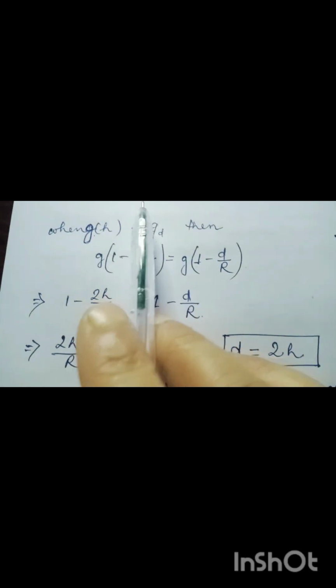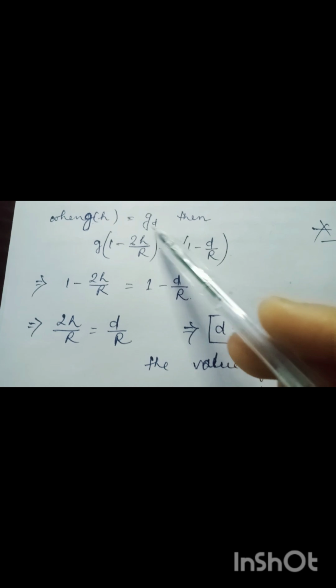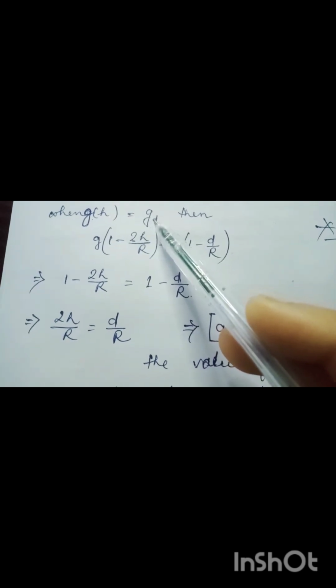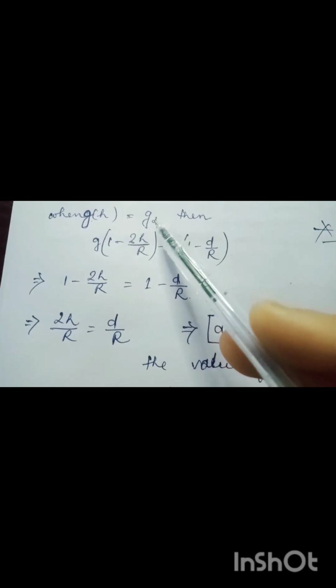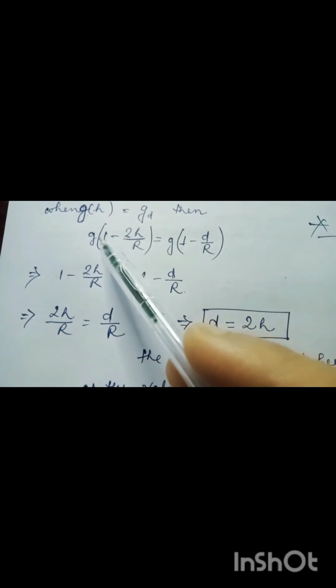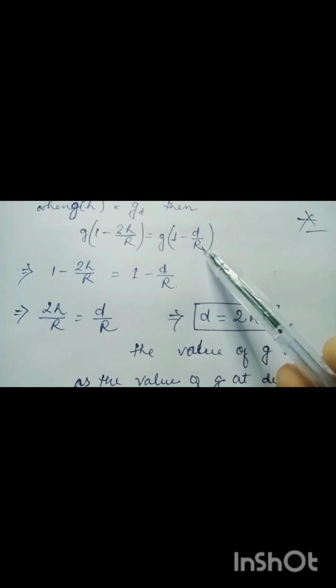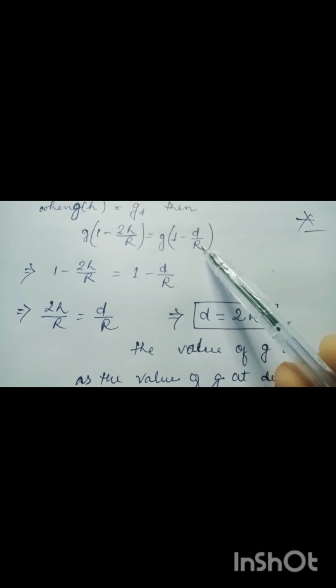So we can solve this problem as follows: let us assume that at height h and at depth d, the acceleration due to gravity will be equal. Let us find the relation between d and h at which both acceleration due to gravity values are equal. Acceleration due to gravity at height h is expressed like this, and acceleration due to gravity at depth d from the earth's surface is this.